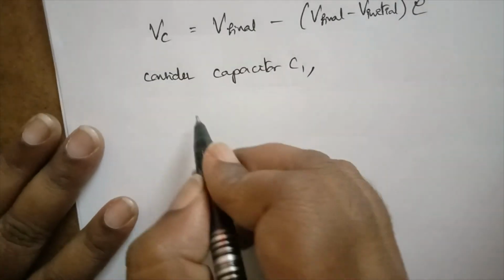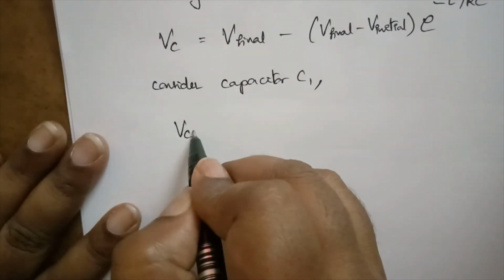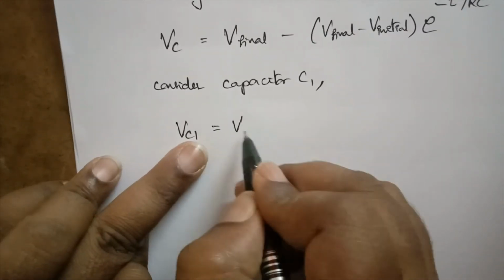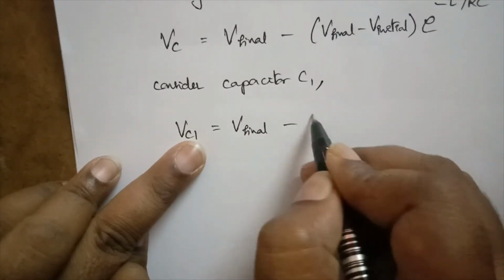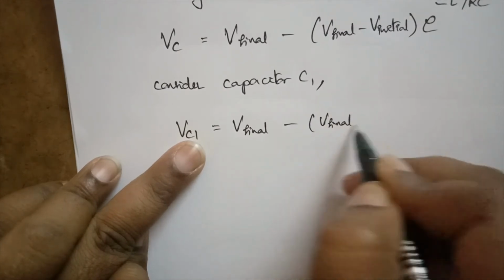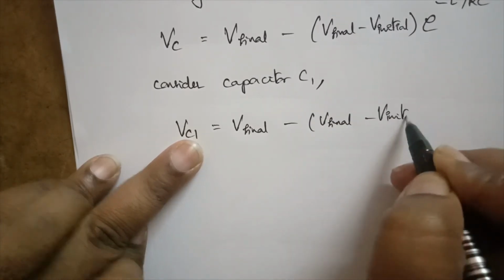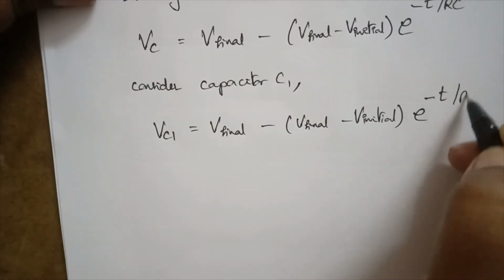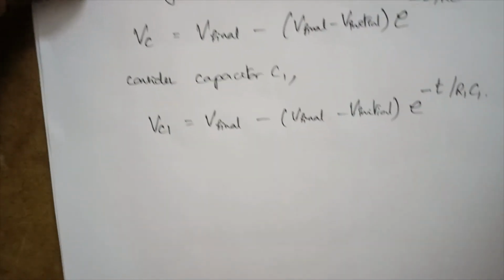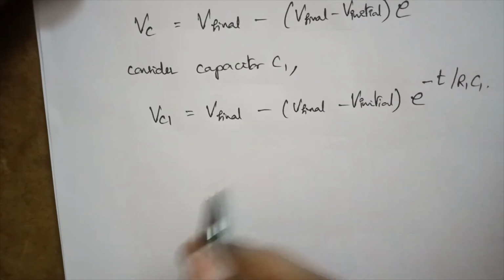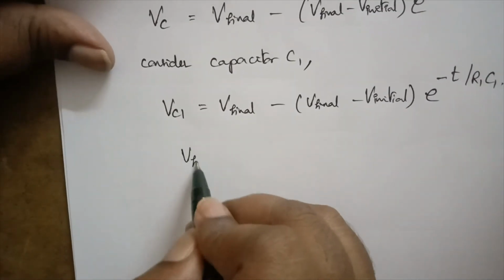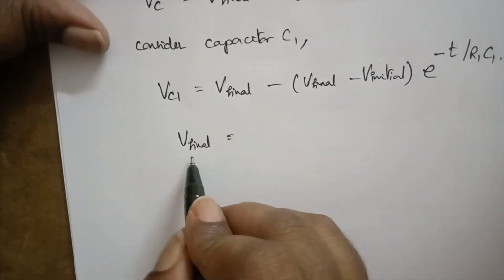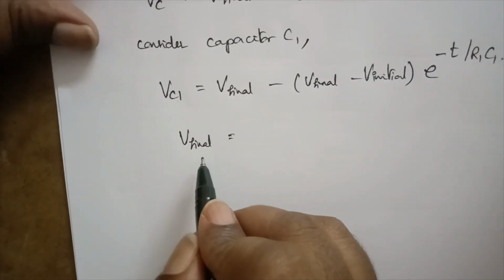Therefore the voltage across C1 is Vc1 equal to V final minus V initial into e power minus t by R1 C1. What is the V final value? Up to which point is the capacitor charging?